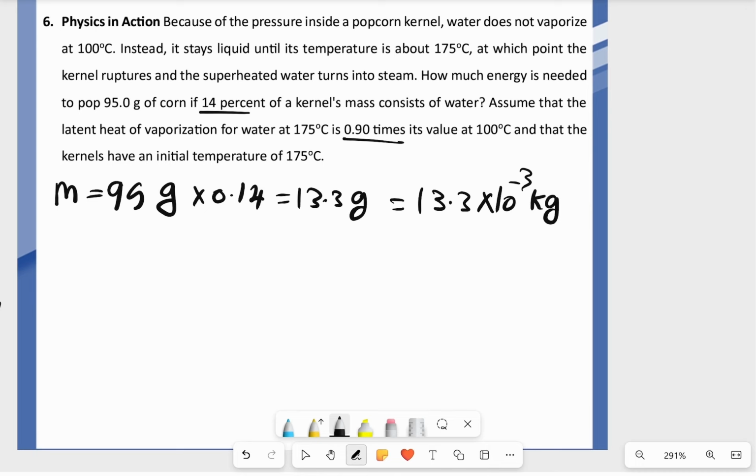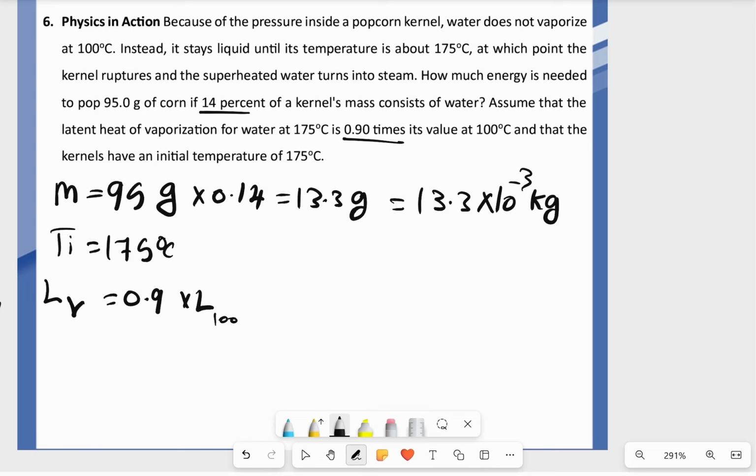Then the initial temperature of the kernels, we don't need that information, but I'm going to write it, is equal to 175 Celsius. Then the latent heat for the popcorn is equal to 0.9 times the latent heat at 100 Celsius. Now, what is the latent heat of water at 100 Celsius?